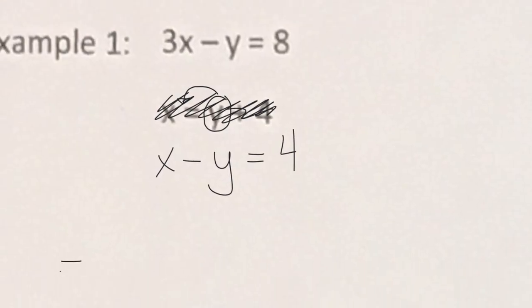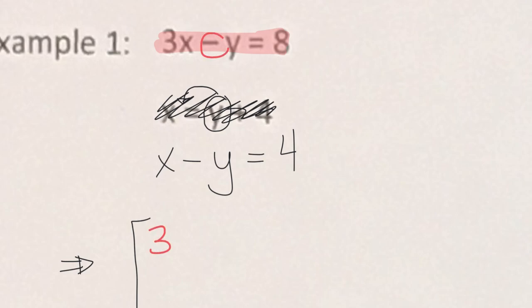So now let's create our matrix. So we're looking at our coefficients only. If we look at the coefficients of our top equation, that has an x coefficient of 3 and a y coefficient of -1 and a number answer of 8.